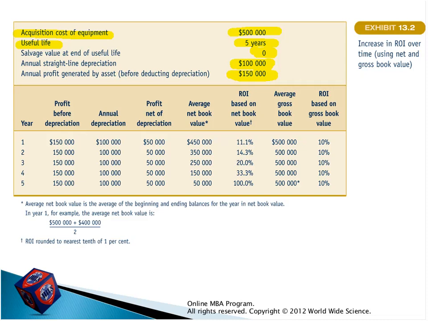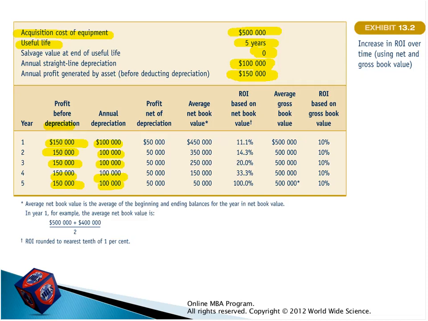So let me show you in the example. Here we are going to show what profit before depreciation we receive from the equipment: 150,000 each year. Can you see that over the 5 years we received some fixed profit, right? We have some depreciation charges from this equipment, 100,000 every year, right?